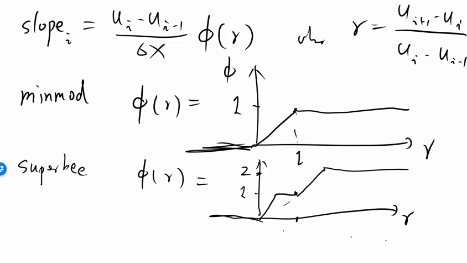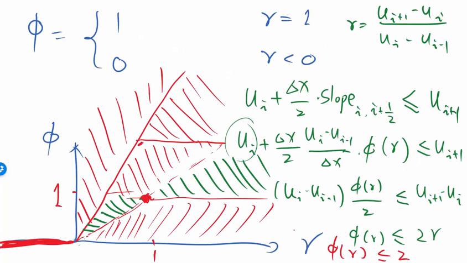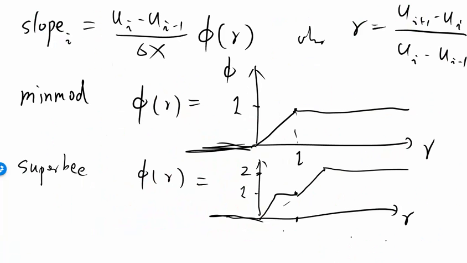It's also a piecewise linear function, but it's split up into 1, 2, 3, 4, 5 pieces. And it is following the upper boundary of the viable region of a limiter. That means I'm going to take the most aggressive reconstruction possible, or reconstruct the steepest slope I'm allowed to. And we're going to see a little bit later what the effect is.